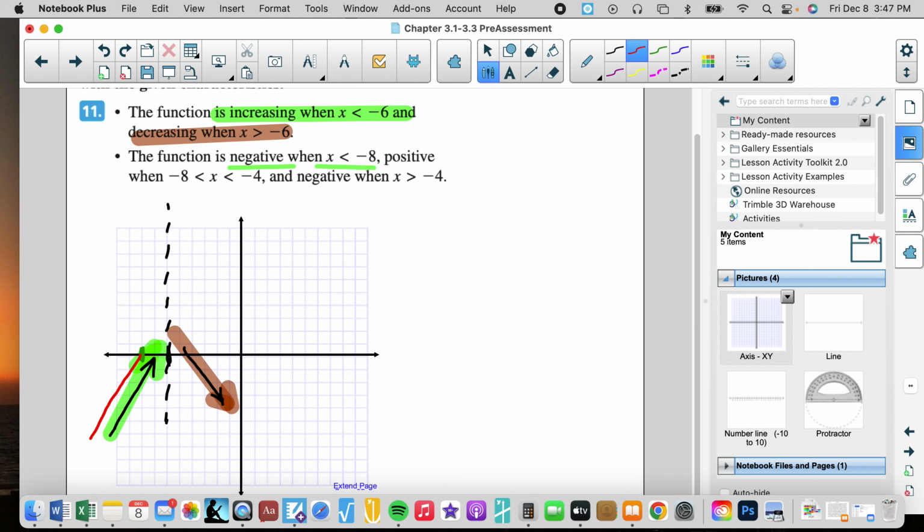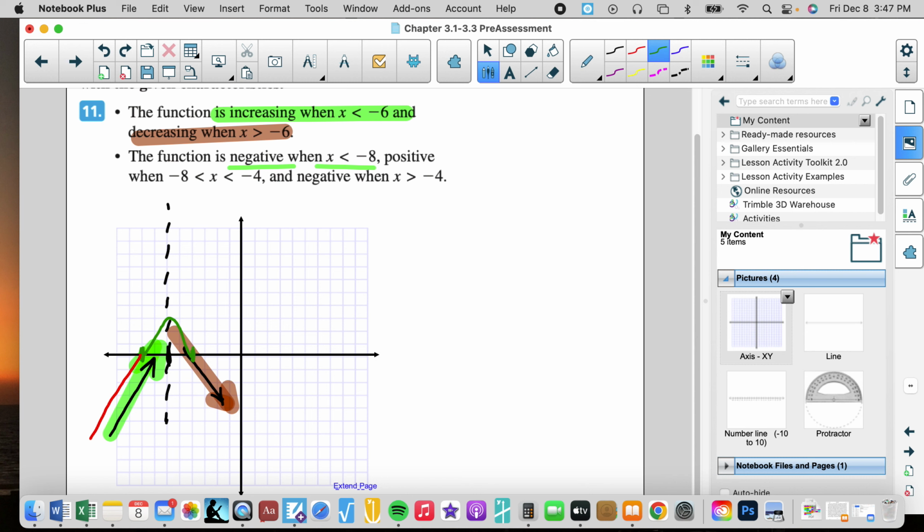Positive when x is greater than -8 and less than -4. So it's positive above that from -8 to -4. 1, 2, 3, 4. So between here, it's going to be above the graph. So it's going to be going up, and then it's going to turn. And it's going to turn at -6.